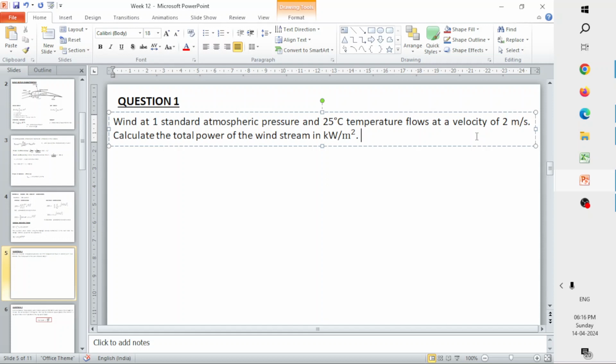It's just that the density is not given and you are supposed to calculate the density. And we also saw how to calculate the density, the expressions, in our last class. So I hope you will be able to solve and then let me know the answer.